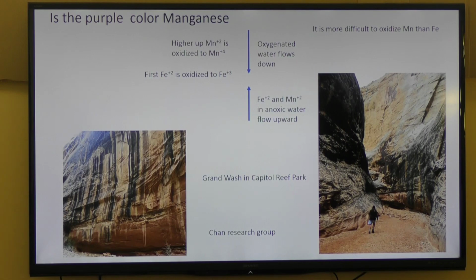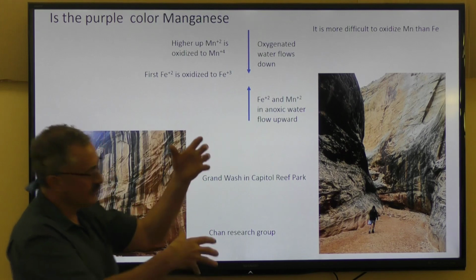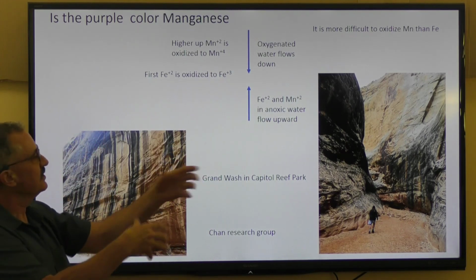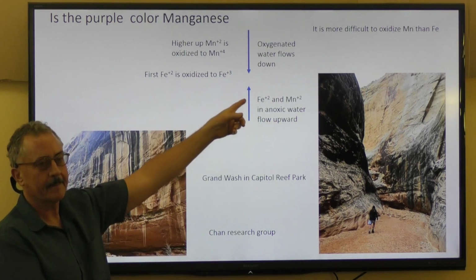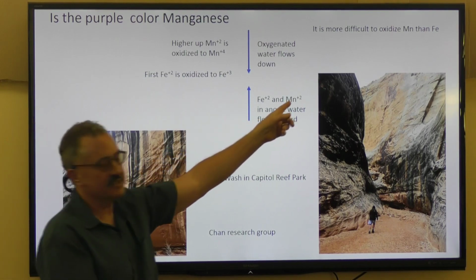And so it's flowing in one direction. In the other direction, you have water with oxygen, and so they meet, all right? As the oxygen meets this water with the iron and manganese, the first thing it oxidizes is the iron, because it's more difficult to oxidize the manganese.